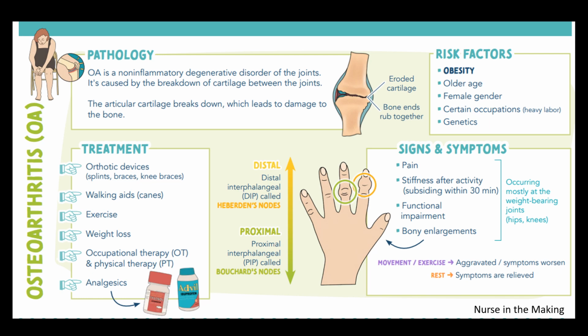Osteophyte formations on the proximal interphalangeal joints are Bouchard's nodes, and on the distal interphalangeal joints are referred to as Heberden's nodes. They actually have that picture on this slide, but I'll circle it right there for you. When you have that old lady with the knobby fingers, that's what these are. Fatigue, painful range of motion of the affected joints.